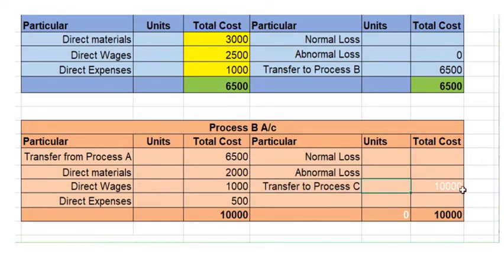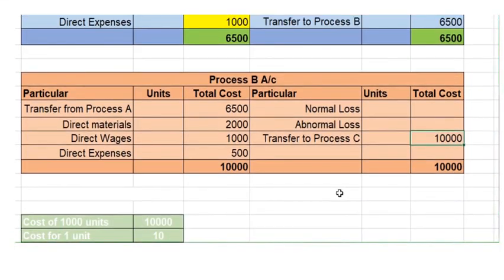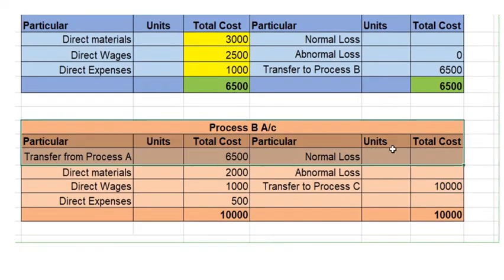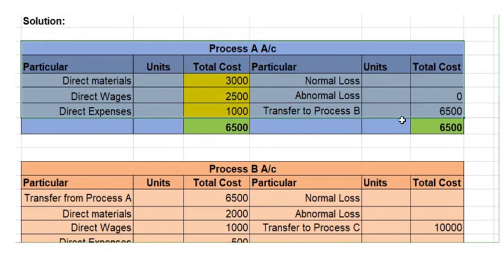We do not have the number of units and we do not have abnormal loss, so the transfer to process C is the same. It is 10,000 minus abnormal losses, so it is 10,000. Now we will prepare the process C account.